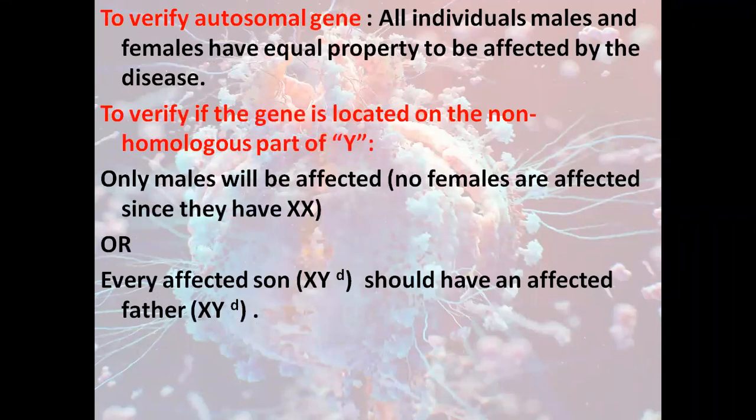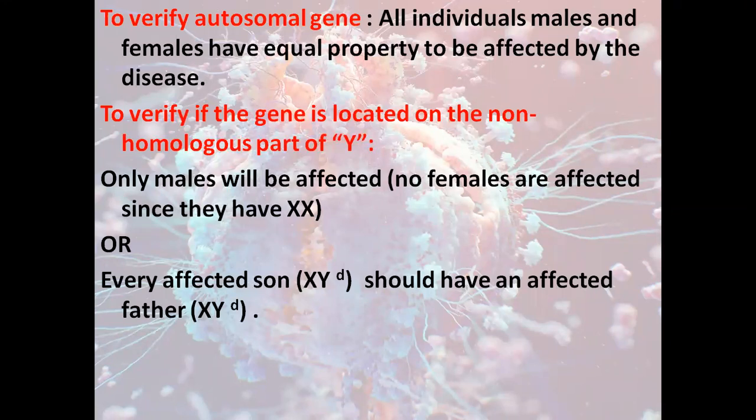These are the four possibilities: autosomal, non-homologous part of X, non-homologous part of Y, or the homologous part of X and Y. Always, I will give you a hint in the text.